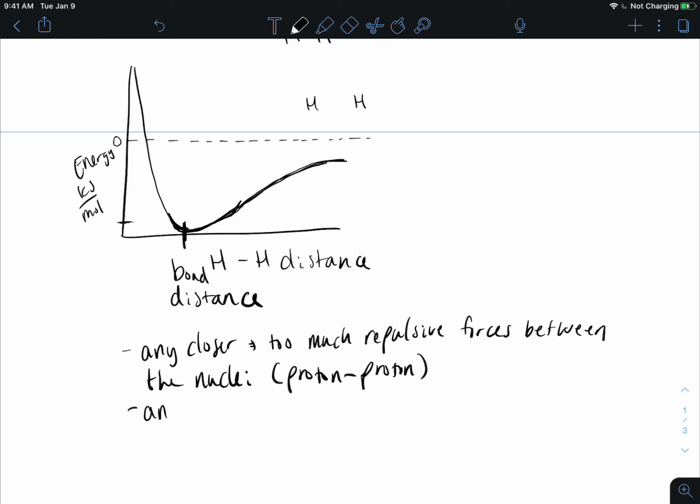Any further, and here we have a lack of that attractive forces between the electrons and the protons, and all you really feel is the repulsive force of the electrons. So not enough attractive forces.